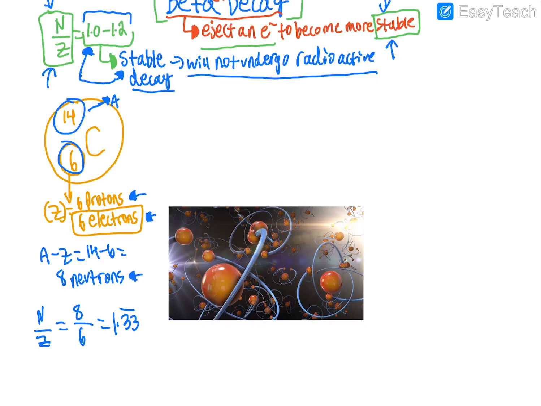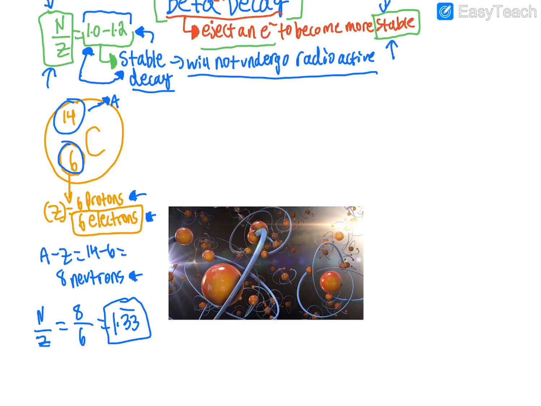Remember, we said the stable range for the neutron to proton ratio is about 1 to 1.2. Here we see it's greater than that range, so carbon 14's nucleus is unstable and will undergo radioactive decay. In this case, let's show beta negative decay.